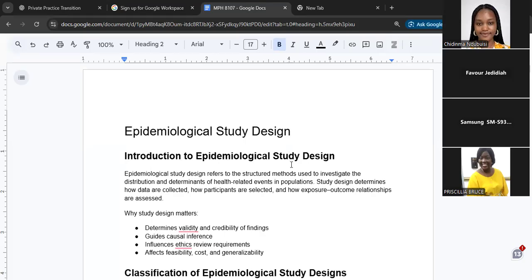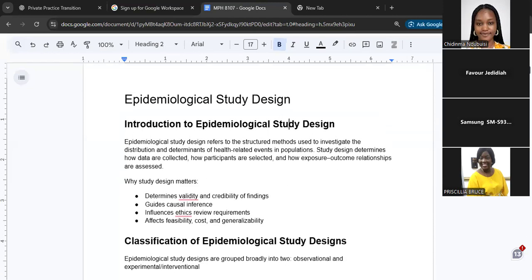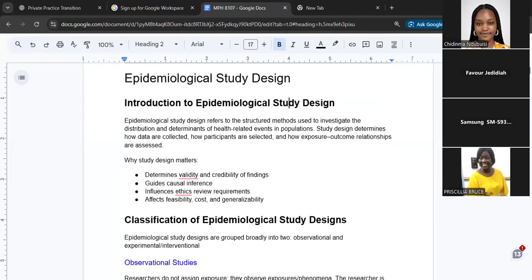All right. So we've talked about the importance of study design. We've said why it matters, that it's like a guide, a framework. One of the important things we're trying to do is provide evidence, and evidence is going to inform action.